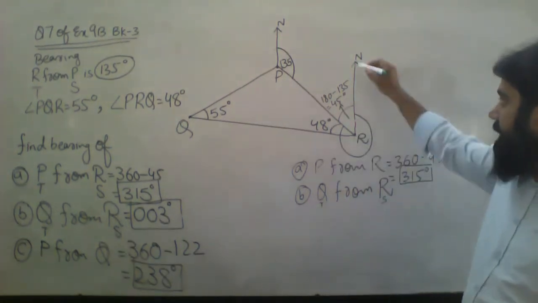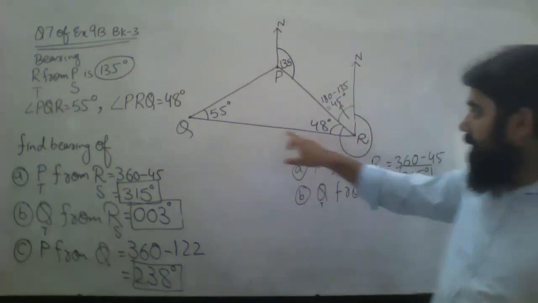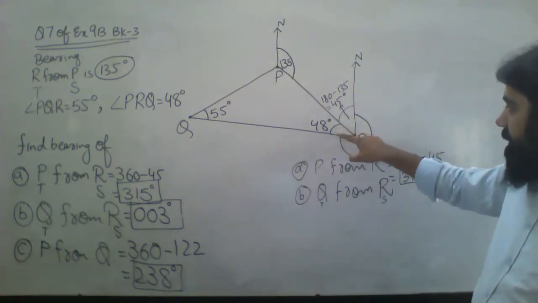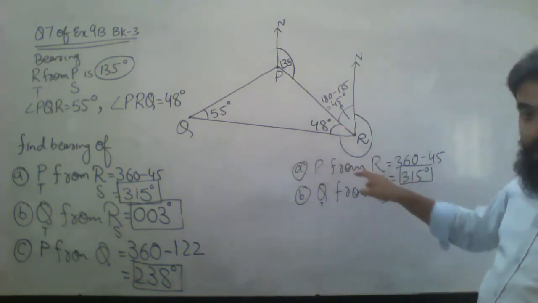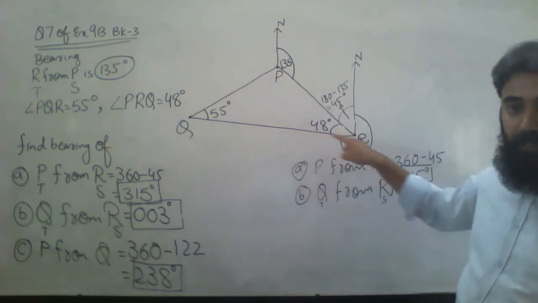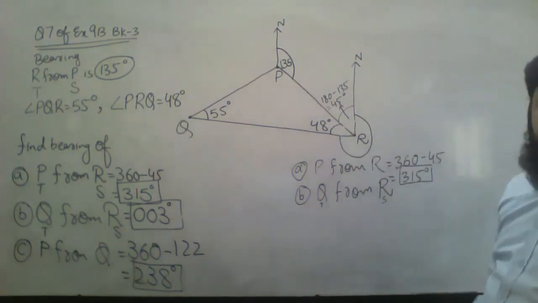So on the source I have got north. Then the line which is connecting Q and R, this is the line. So it means I have to find the value till this point only, not till this line, because this is the line which is connecting Q. The whole thing will be 360.